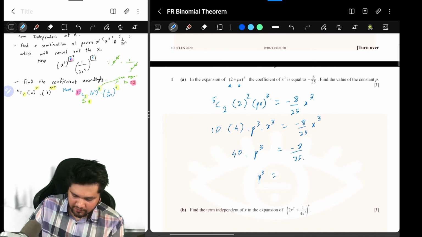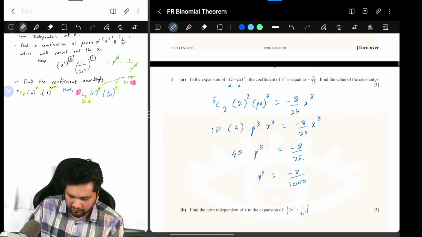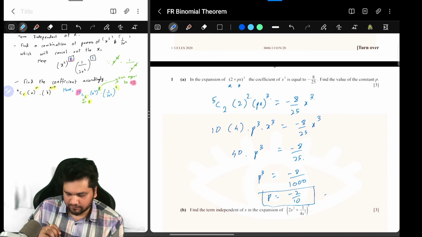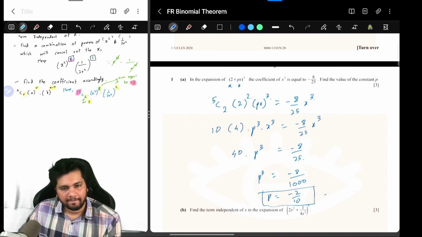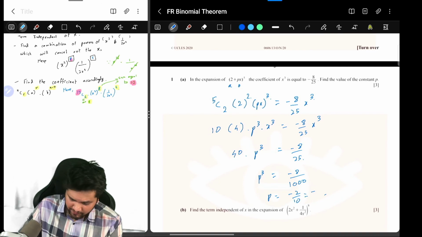Finally we'll get p cube is equal to minus 8 by 1000 and p is equal to minus 2 by 10. Done. So of course minus 2 by 10 is nothing but minus 1 by 5. So that's your answer.